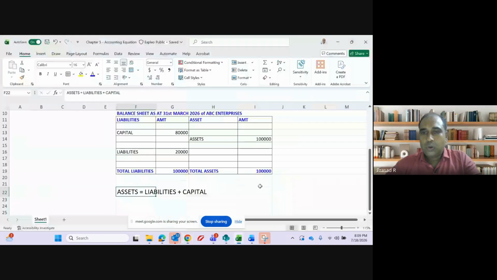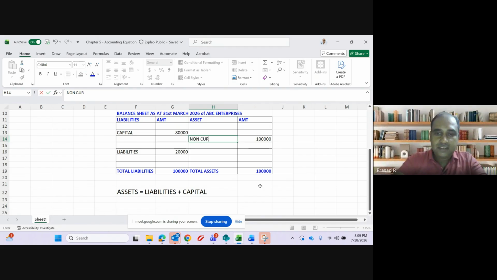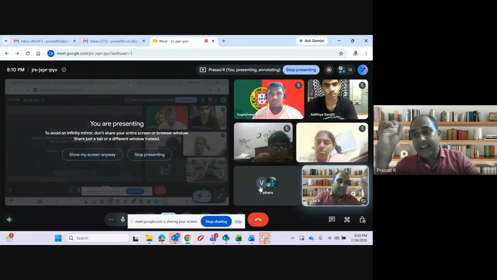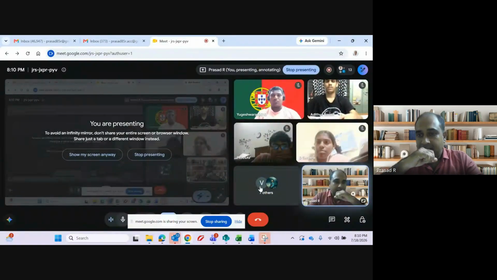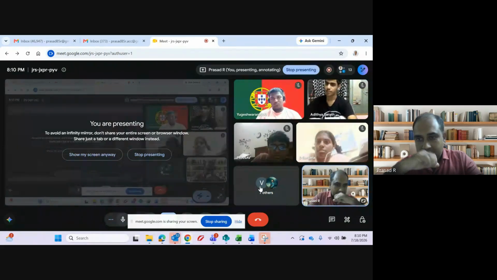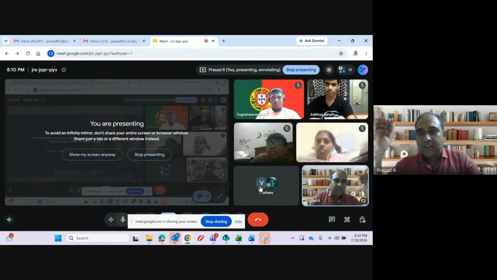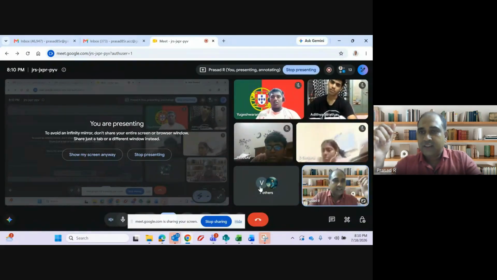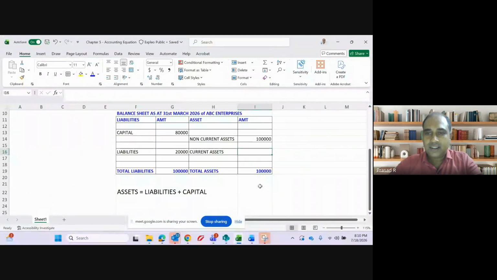Now these assets I will break down into non-current assets and current assets. In accounting terms, we discussed non-current assets and current assets, right? Anything which has a life of more than 1 year is called non-current, and which has a life of less than 1 year is called current.